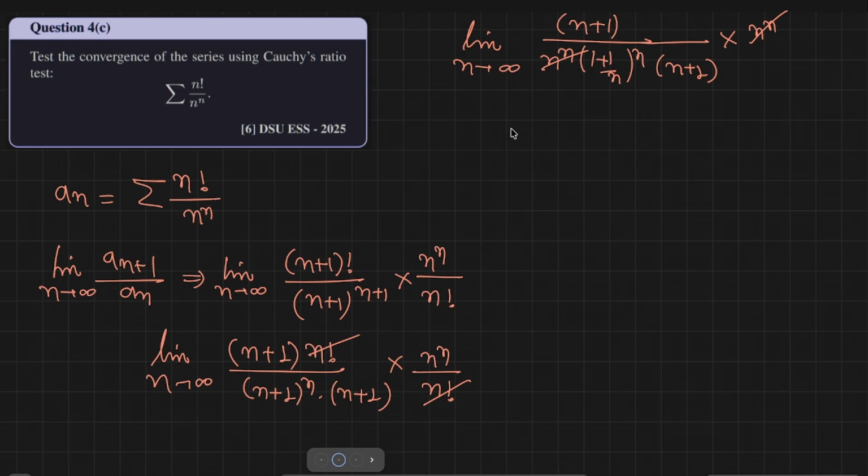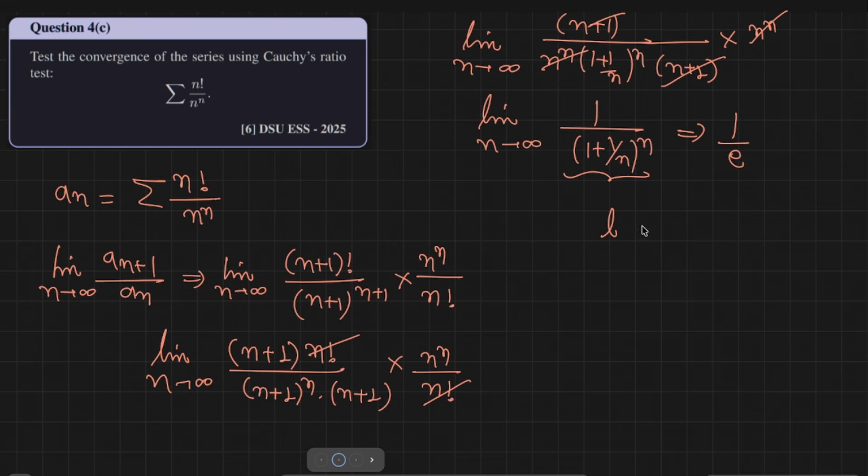Now applying the limit as n tends to infinity, this and this will get cancelled. It is 1 upon (1 + 1/n)^n. You know this term is e, so it will be 1 by e. The ratio test says that, to test the convergence of the series, L is 1 by e.